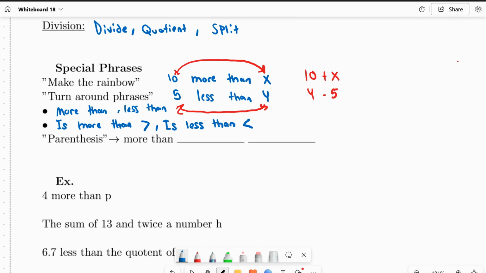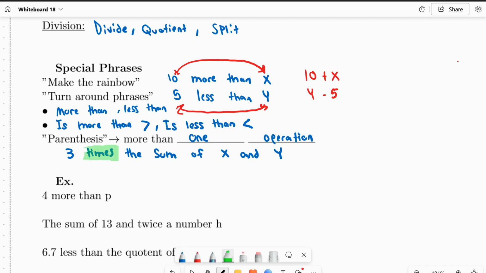Okay? The next question is, when will we use parentheses? So we will use parentheses when there is more than one operation. So if I gave you something like 3 times the sum of x and y, you may notice that we have more than one operation within this phrase.